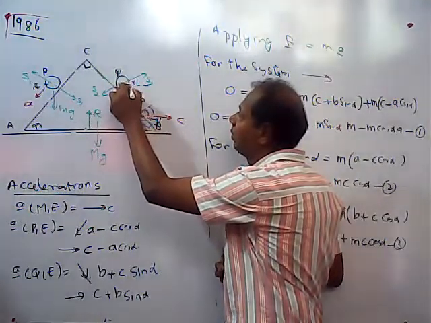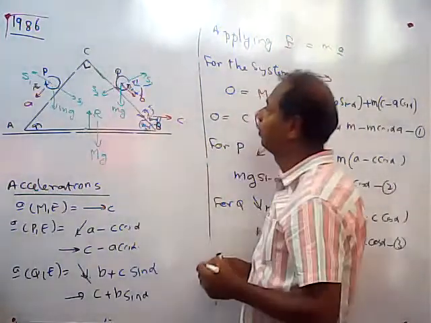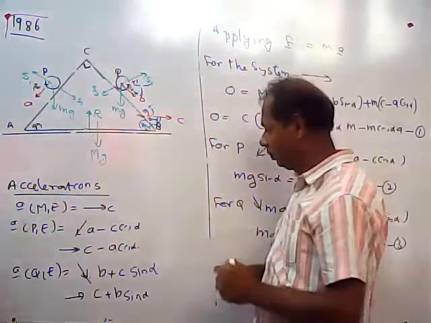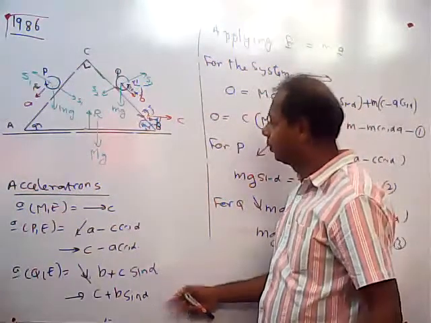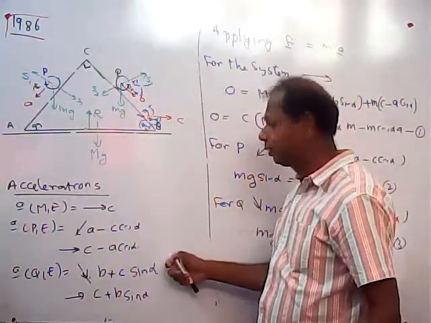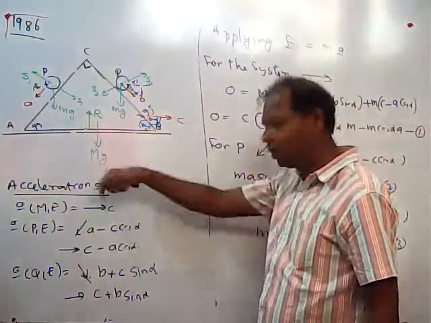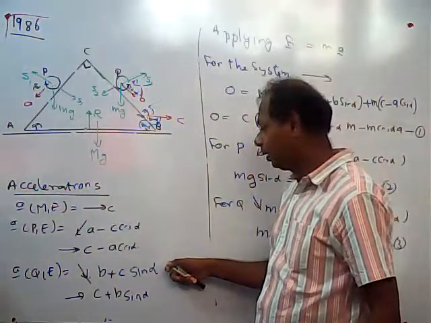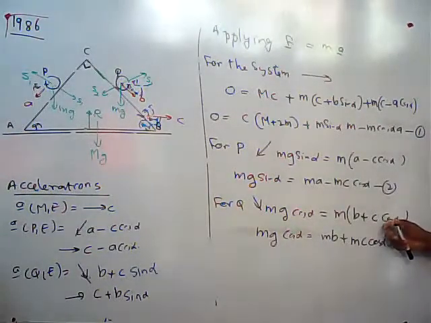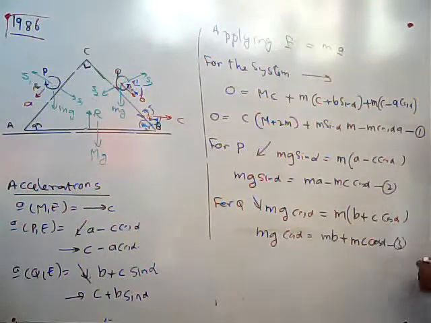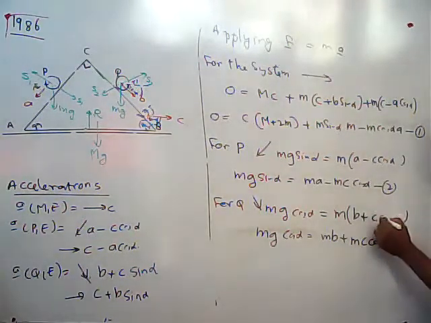This alpha, this 90 minus alpha. Yeah, this was the problem. Down the plane, b plus a sin alpha. So here I have to correct it. Down the plane, b plus a sin alpha. This has to be sin alpha.